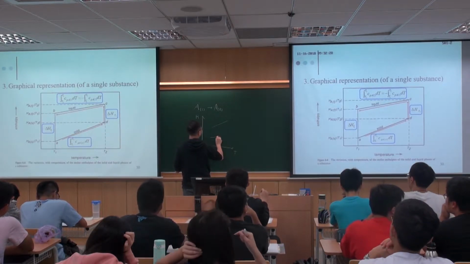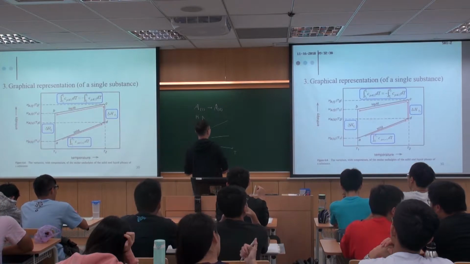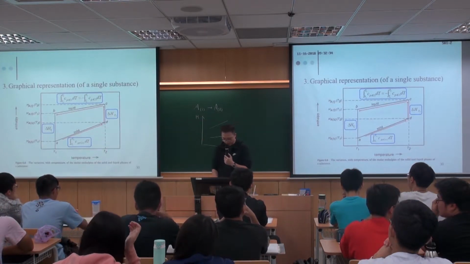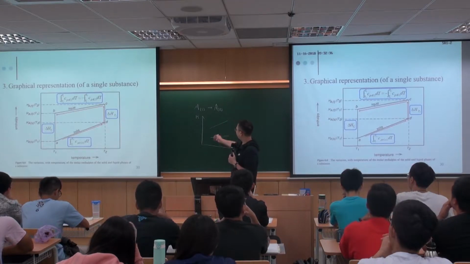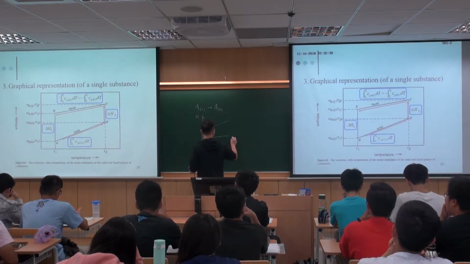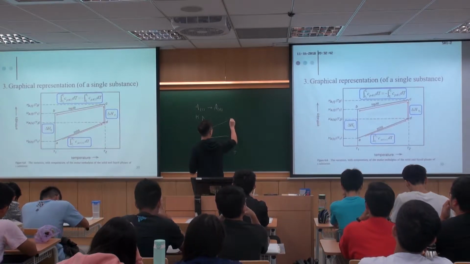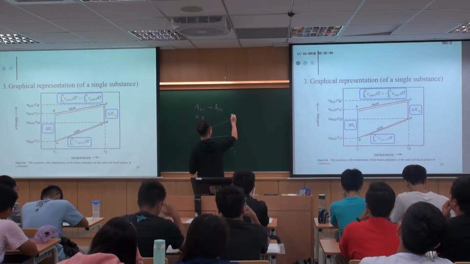So imagine that you have something like this. Okay, it's different from the textbook, but imagine that you can have something like this. So this is for solid, and this is for liquid, for instance.